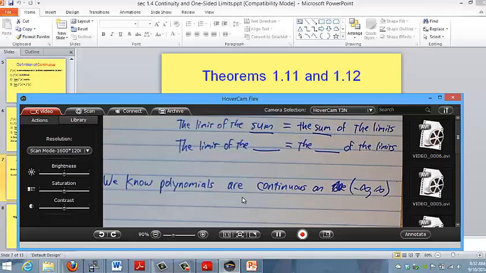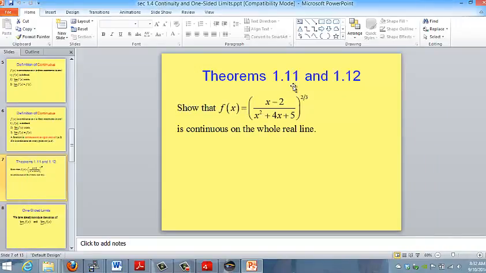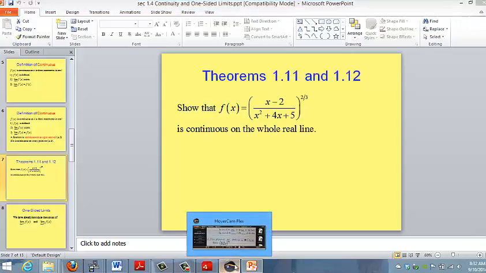Right? And let's write down that function again here that we're thinking about. We're thinking about f of x equals (x minus 2 over x squared plus 4x plus 5) to the 2/3 power. Okay? Now, let me continue my argument.